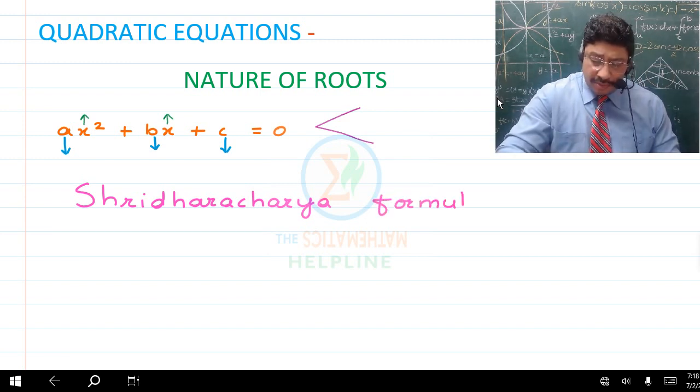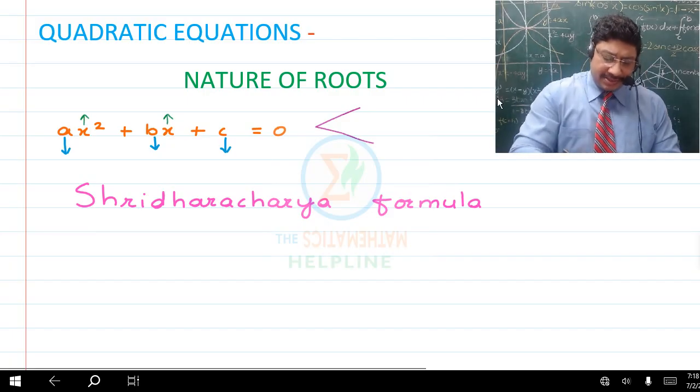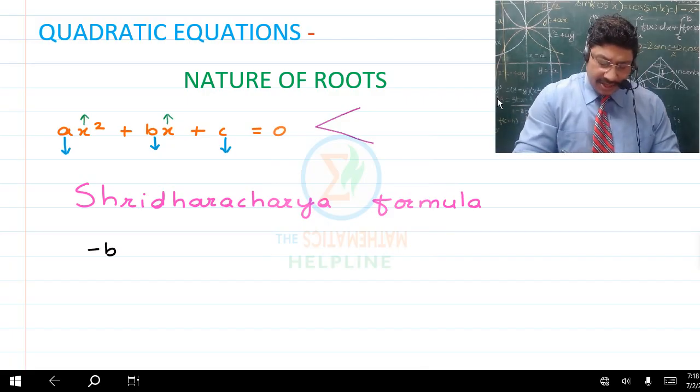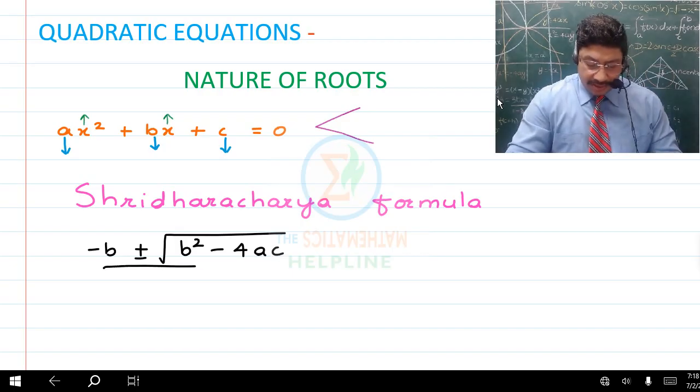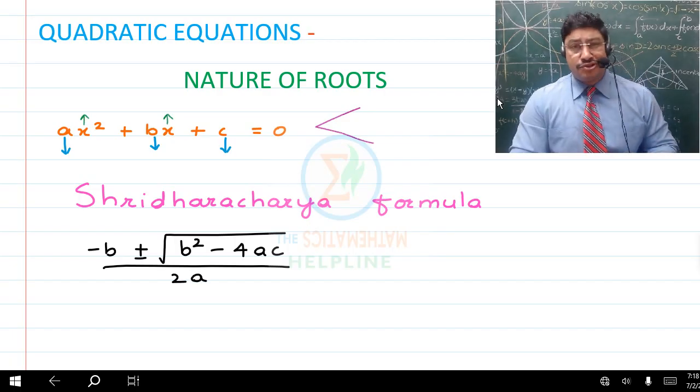Now what is the formula? The formula is minus b plus minus whole square root of b square minus 4ac, whole divided by 2a. So children, this is the formula.